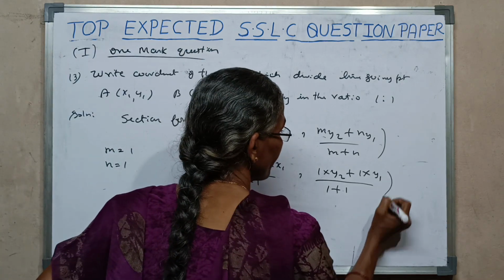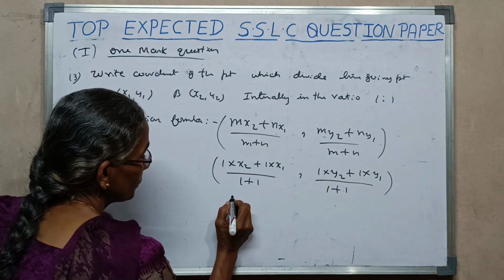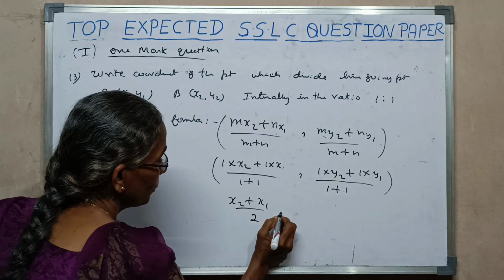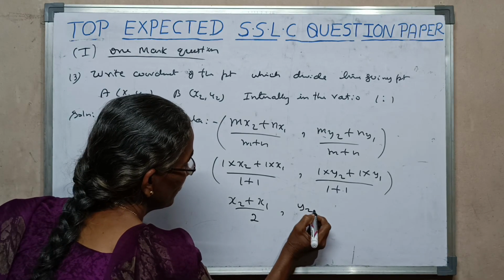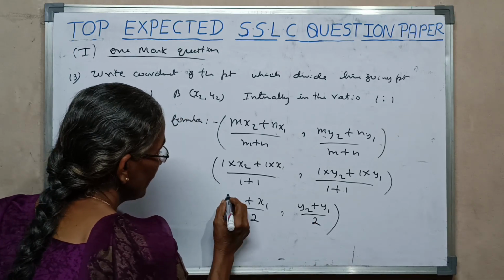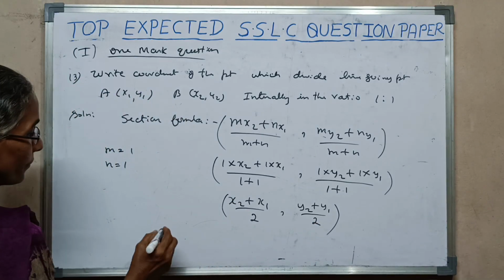That is, (x2 plus x1) divided by 2 and (y2 plus y1) divided by 2. So this is the section formula.